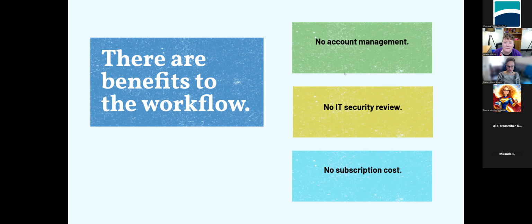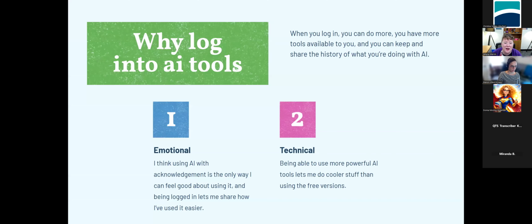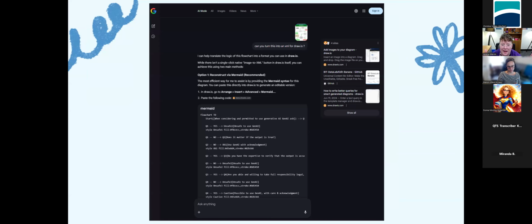Oh, so Mermaid. Let me pop over to the example. When I asked the free Google AI mode, without having to log in, you can see there's a little sign in thing in the corner, if I toss in a flowchart and say, can you turn this into XML? It says, no, I'm not turning this into XML, but I have reconstructed it via Mermaid. This language down below is flowchart TD, which is like HTML but for a flowchart.